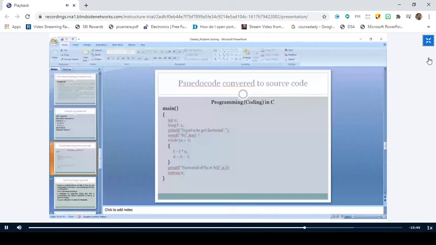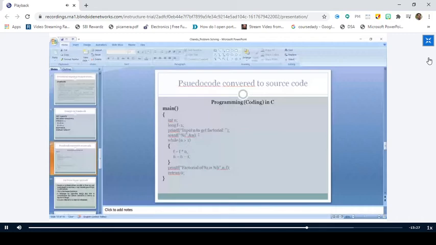You should know the difference between the algorithm and the pseudocode. An algorithm is a solution to a problem where you will give a step-by-step solution. But pseudocode is not actually the solution to the problem. It is the way of writing the algorithm, how you are going to write the algorithm. And pseudocode makes use of the most informal English language.